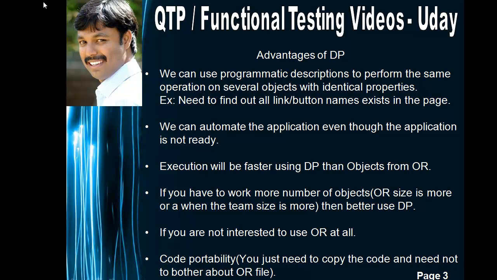For each object they give unique properties that they will use for the development. If you know the object properties, we can use them for building this programmatic description. By using descriptive programming, we can create those objects and use them directly.